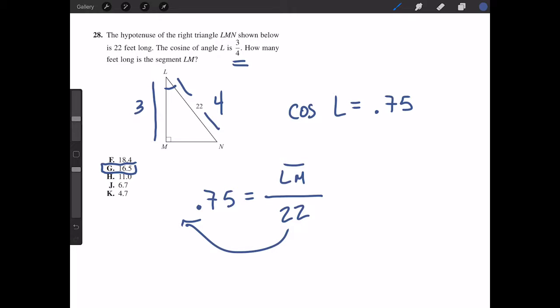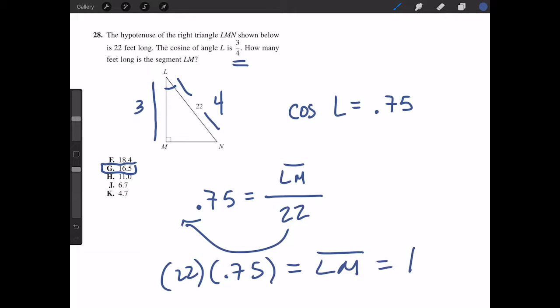Solve for LM. Send the 22, that's dividing, to the other side multiplying, so you get 22 times 0.75, and this should be equal to the segment LM. So when you multiply 22 times 0.75, you again get the same 16.5 we found before. So two ways of solving this problem.